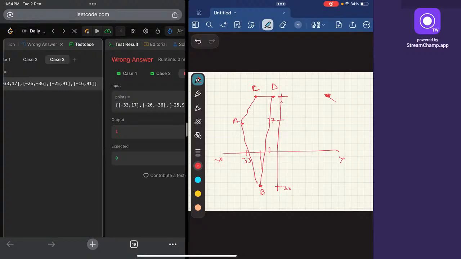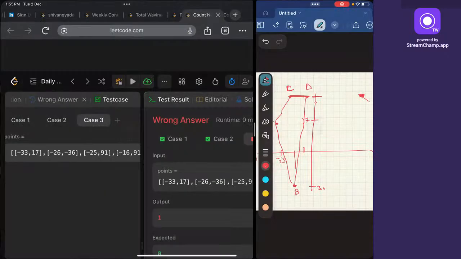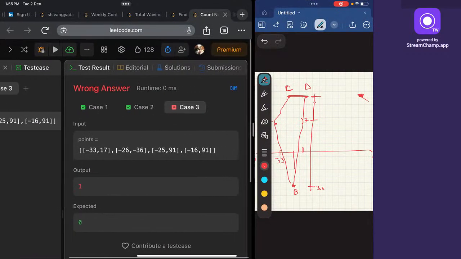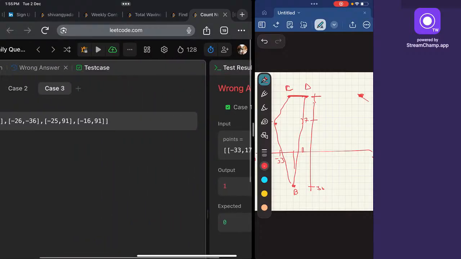Why is it not a valid one? Side CD is parallel to, right? Which is parallel? Why is our result wrong? One axis is parallel to the x-axis. The condition is satisfied.